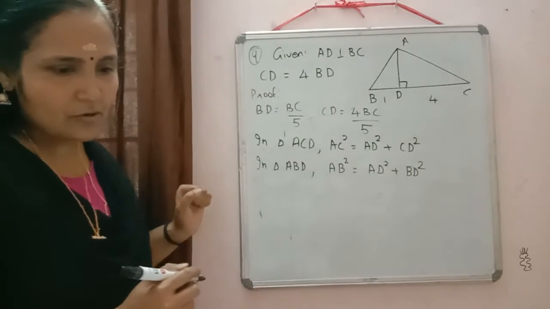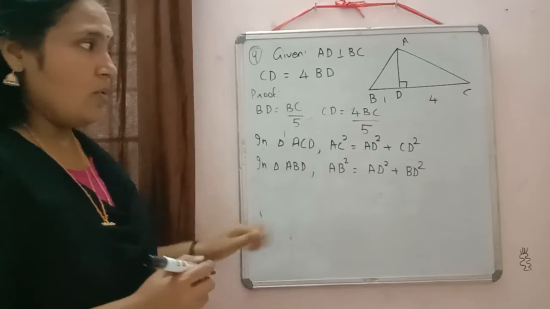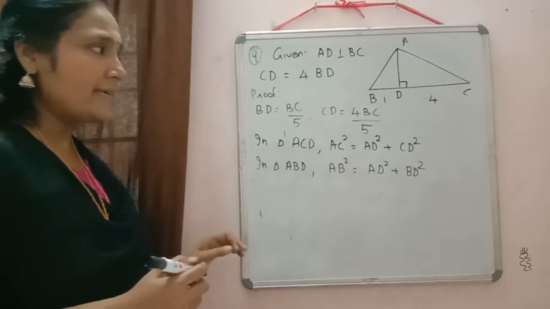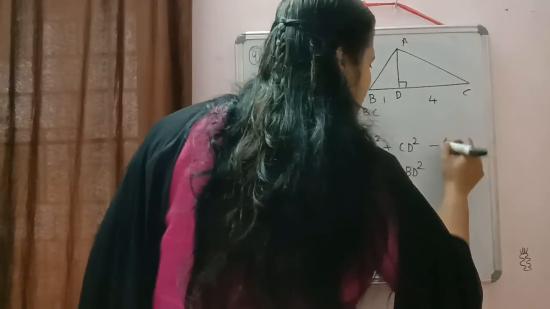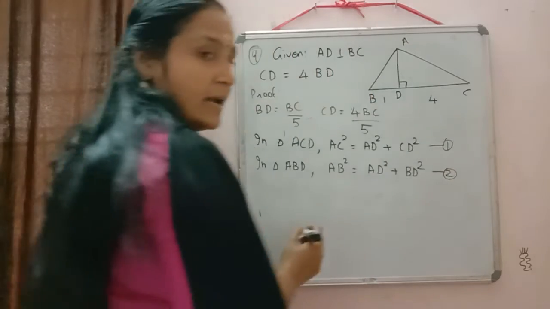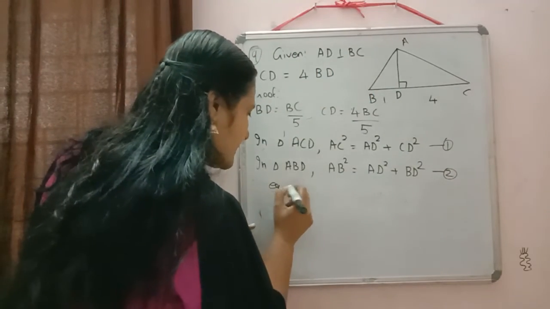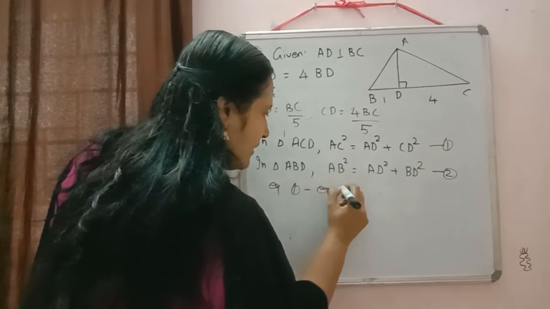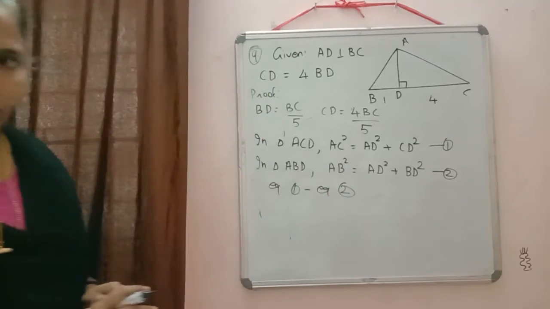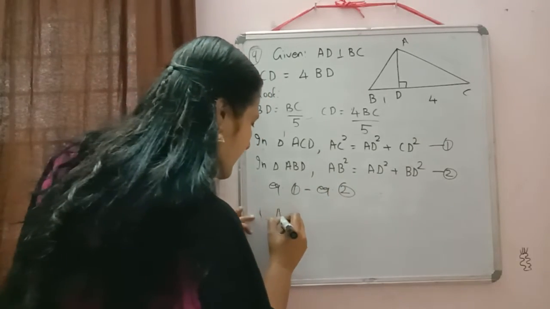Now just to check, do we need the side AD? No. So that side AD should get cancelled. Cancellation will come if their signs are different. So we will subtract equation 1 minus equation 2. When we subtract, what will come?